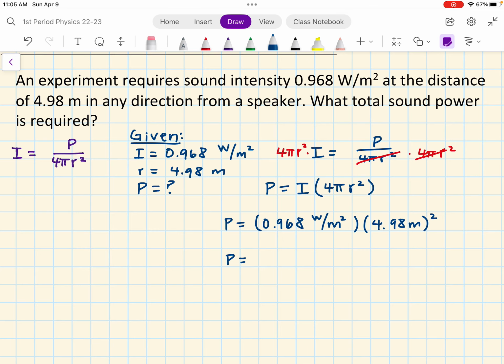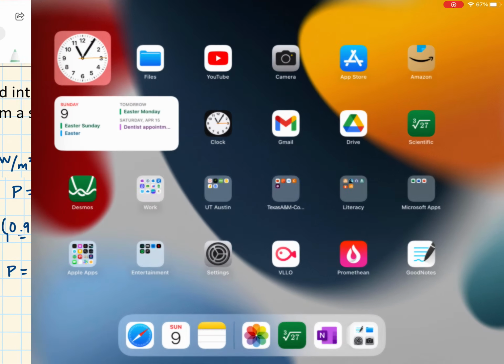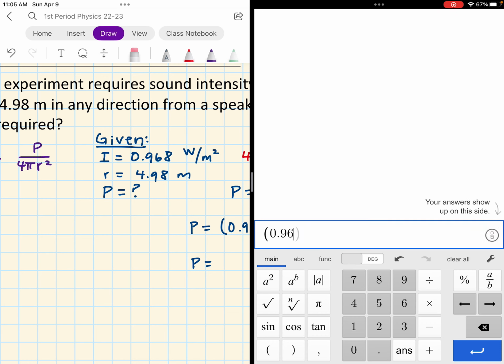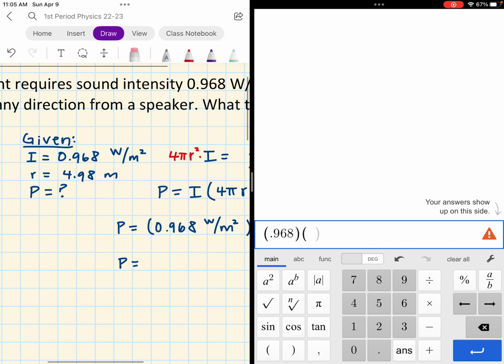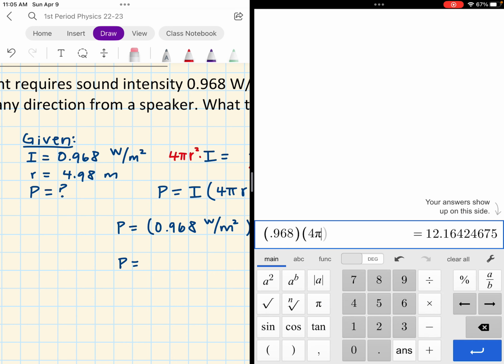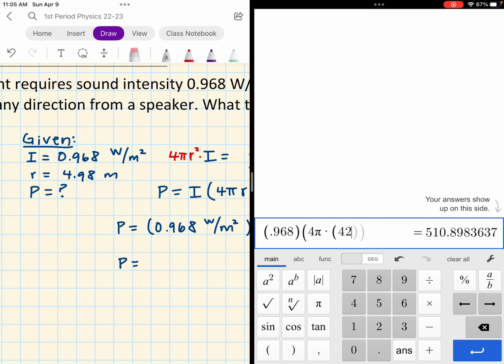So let's use decimals. 0.968 times the radius squared. Oh wait, don't forget the 4 pi. So 4 pi times the radius 4.98, and then we square that one.